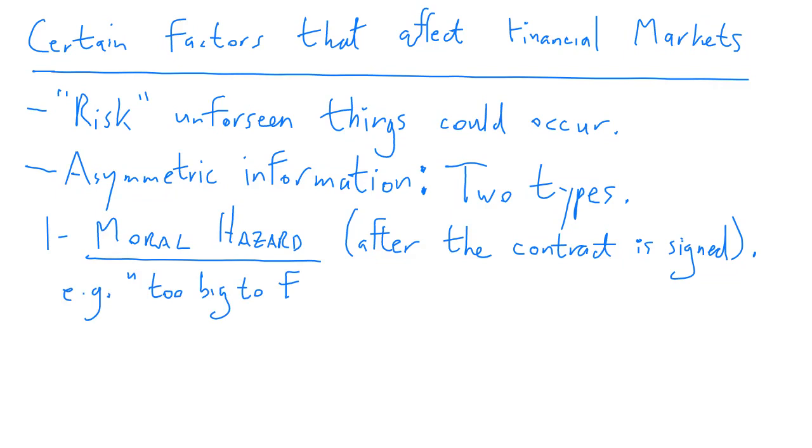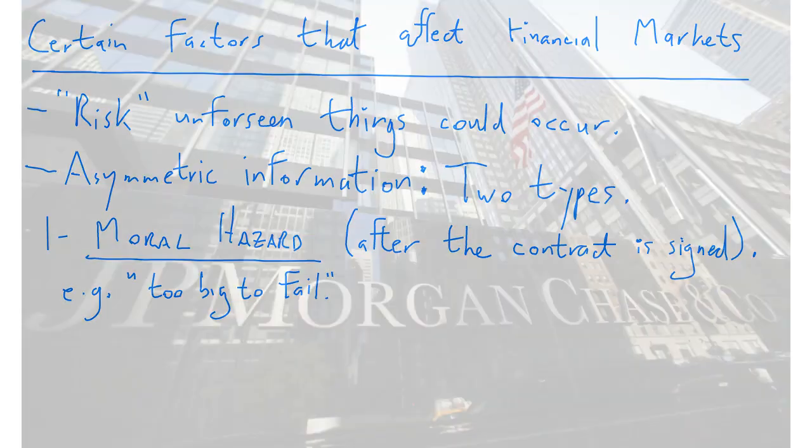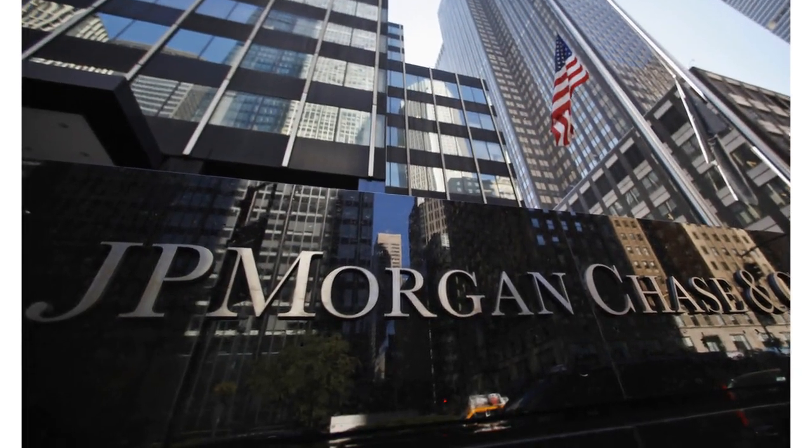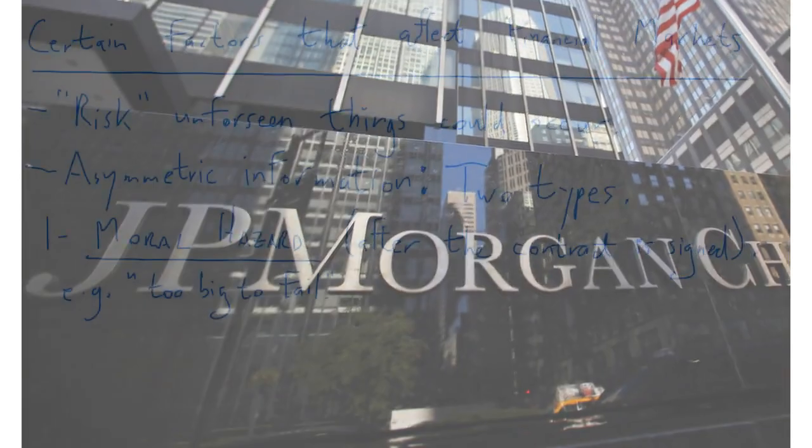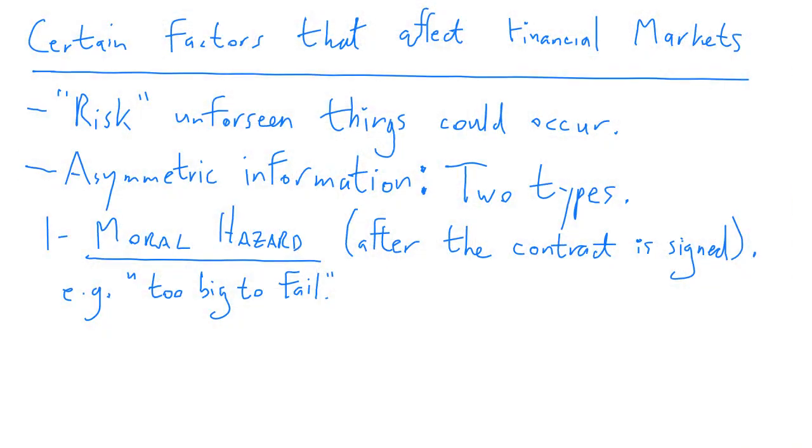Because they're so large, if they ever were to get in trouble, the government might find itself under pressure to use taxpayer money to support those companies. Now, I'm going to argue that if companies are too big to fail, that's an example of moral hazard as well.